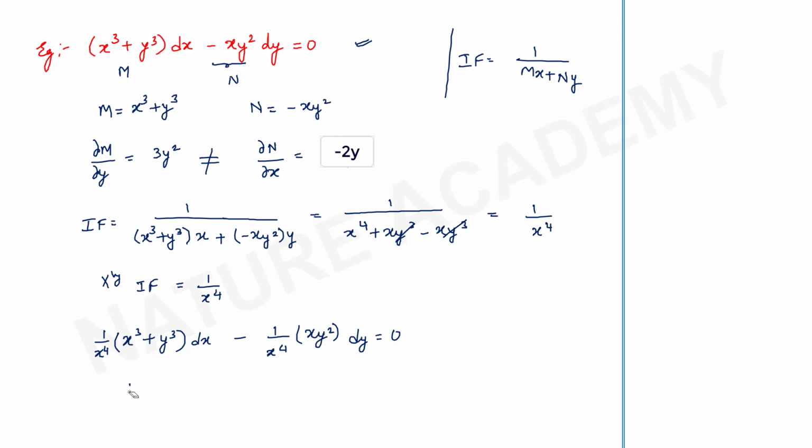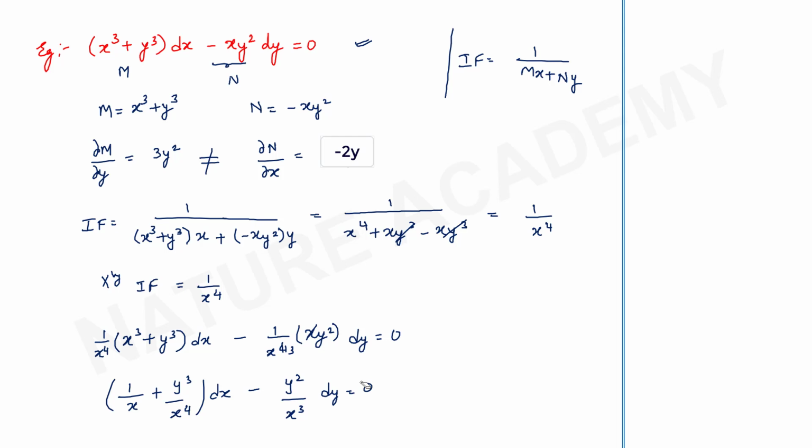So this will be equal to 1 upon x plus y cube by x raised to 4 into dx minus y square. 1 x will get cancelled with the 1 x here and you have x cube in the denominator into dy is equal to 0.